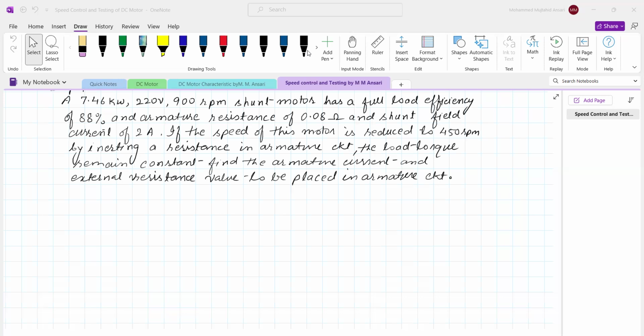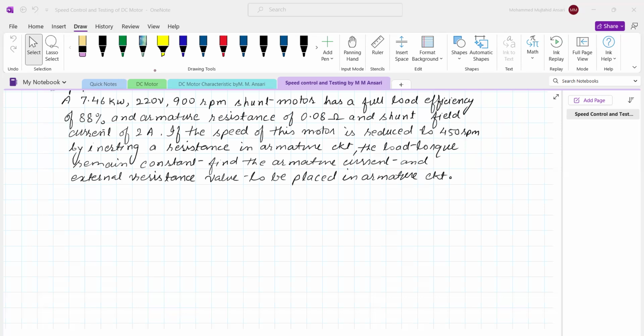If the speed of the motor is reduced to 450 rpm by inserting a resistance in the armature circuit, the load torque remains constant. Find the armature current and the external resistance value to be placed in the armature circuit.